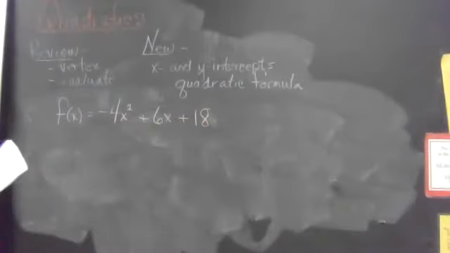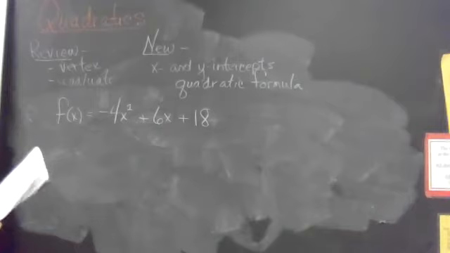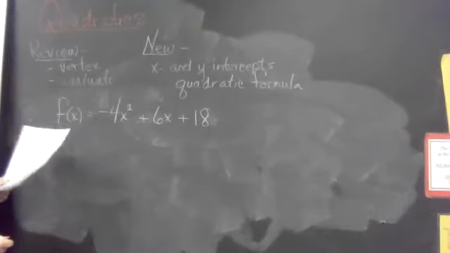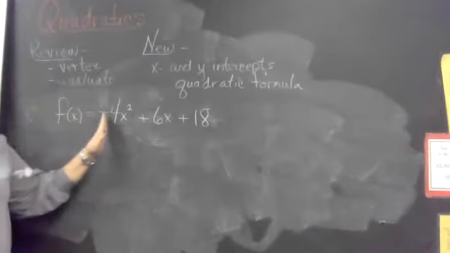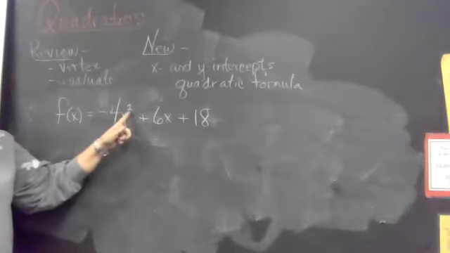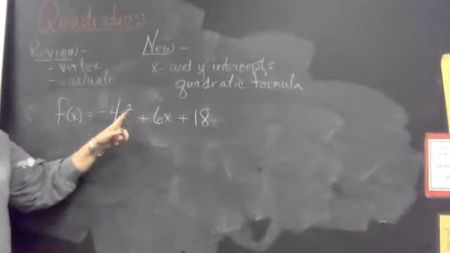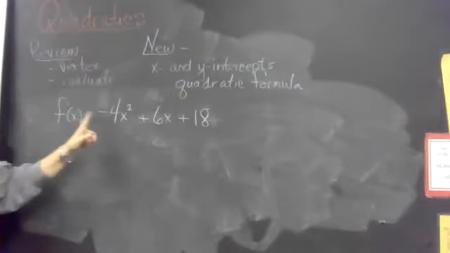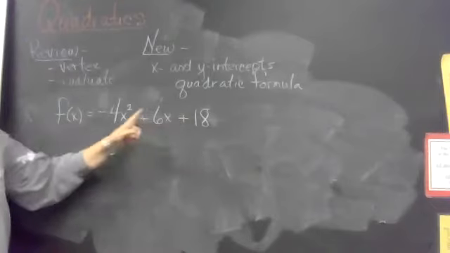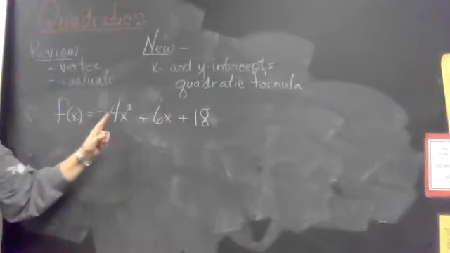Okay, and the instructions say find the max or the min, the max or the minimum value of this parabola. The first thing we know is as we look through here, the largest exponent is a 2. That's the definition of a quadratic. And since it's a quadratic, it is going to make the graph of a parabola.